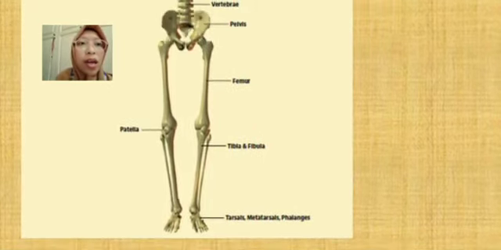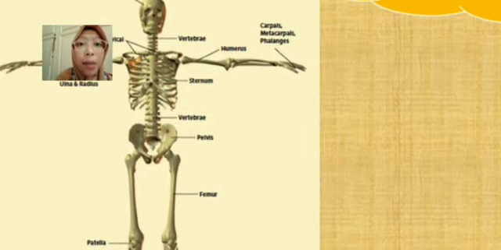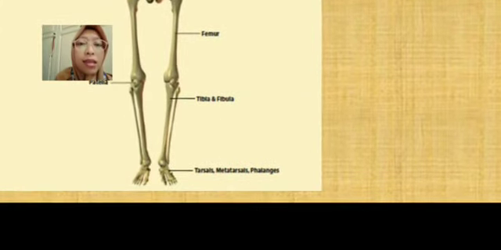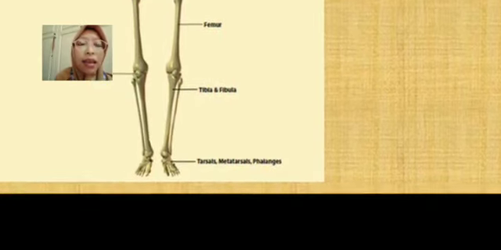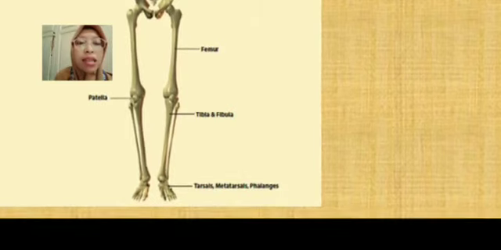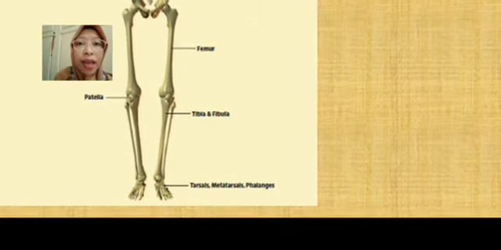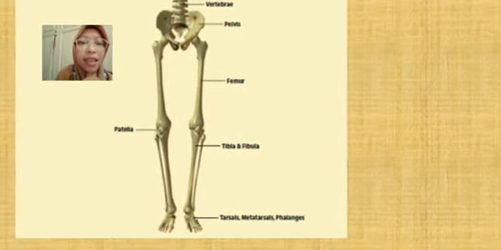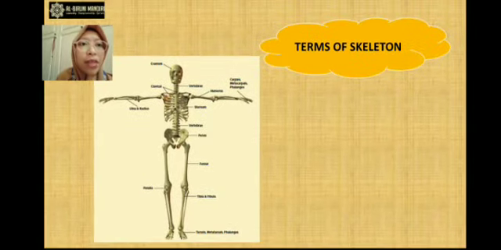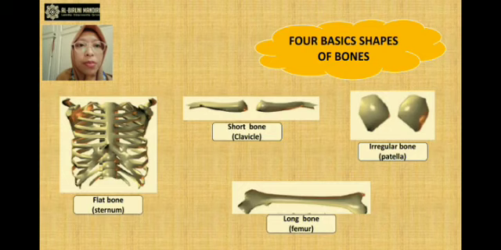In our arms we say carpals, which means telapak tangan, and tarsal means telapak kaki, and metatarsal and phalanx we can say are the leg fingers, atau jari kaki. Okay, I think my students get the explanation from Ustazah, and Ustazah will continue with the shapes.